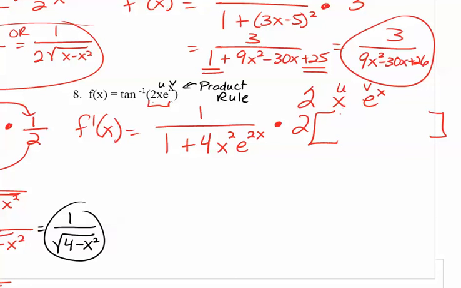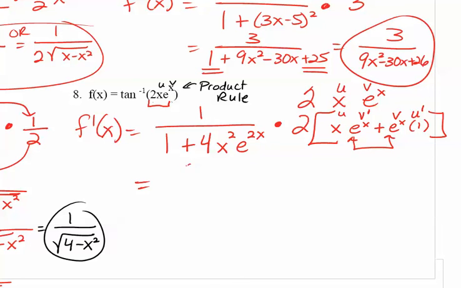So I'm going to do the u term x times the derivative of the v term. That would still be e to the x plus the v term, e to the x, times u prime. The derivative of the x term would just be 1. So we could factor an e to the x out of both of those.